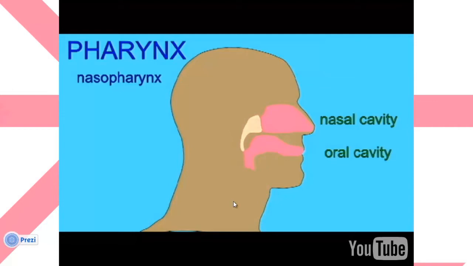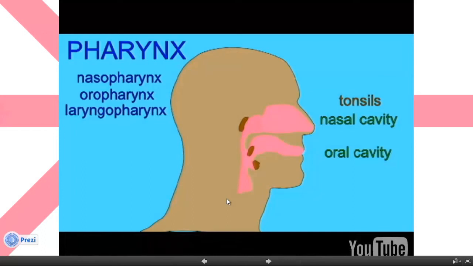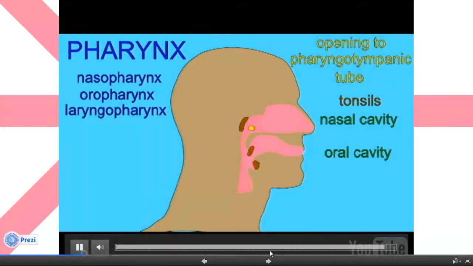The oropharynx lies behind the oral cavity, and there are 2 tonsils in the vicinity of where the oral cavity and the oropharynx meet. There are also an additional 2 tonsils beneath the tongue, the lingual tonsils. The laryngopharynx is the last common passageway for food and air. Inferior to the laryngopharynx, air will pass through the larynx and trachea, and food passes through the esophagus.